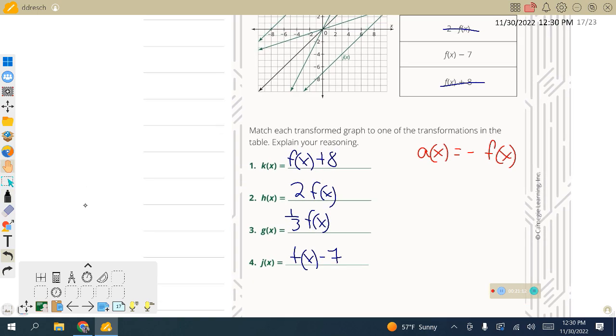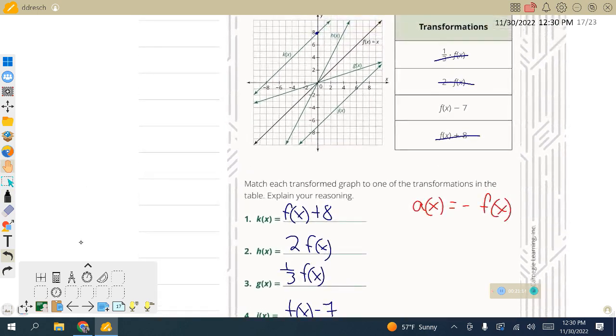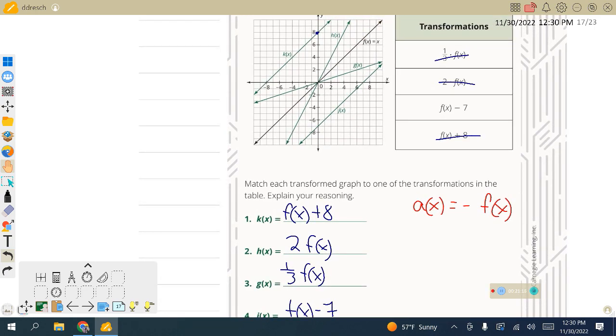So what would that do for our graph? Reflected. So we are currently increasing, right? That's that black one in the middle. We're starting there. And because I want you to create another one that is now negative f of x, it's going to take my graph and reflect it over the x-axis. So when I do that, we're changing the signs on the y's. We're at -1, we're now at +1.